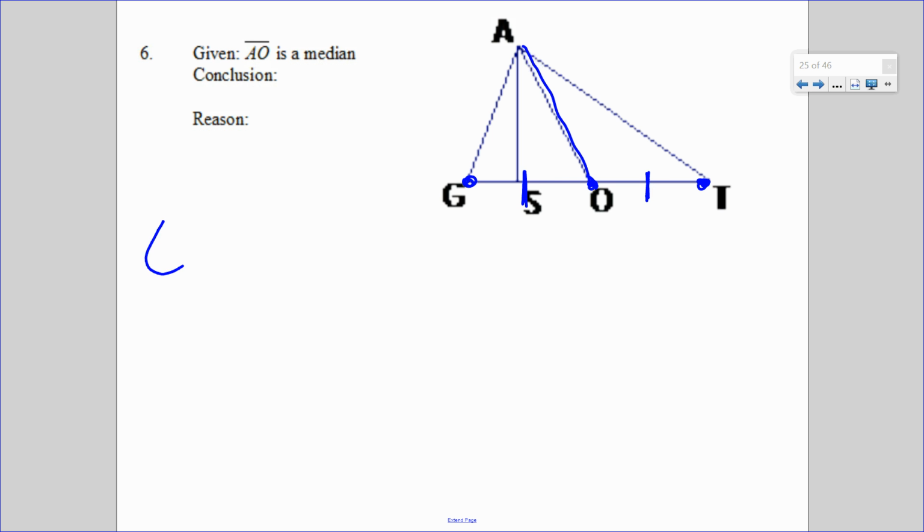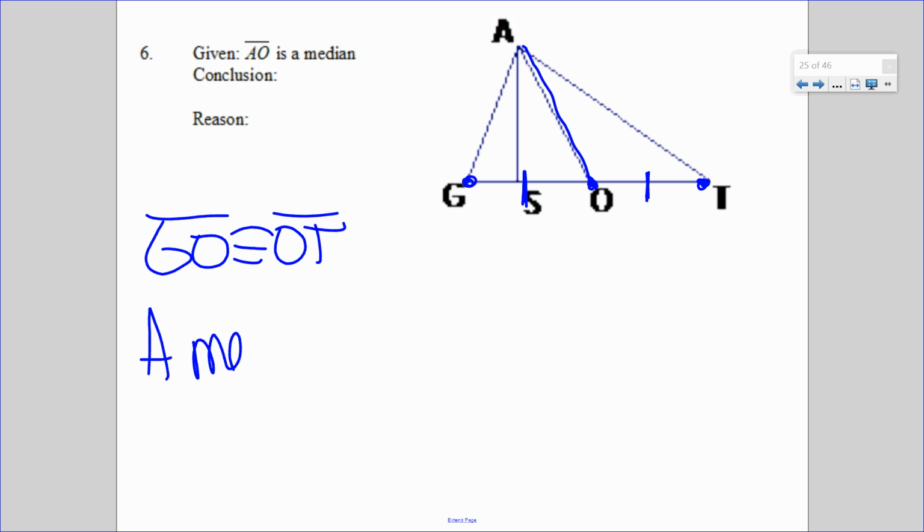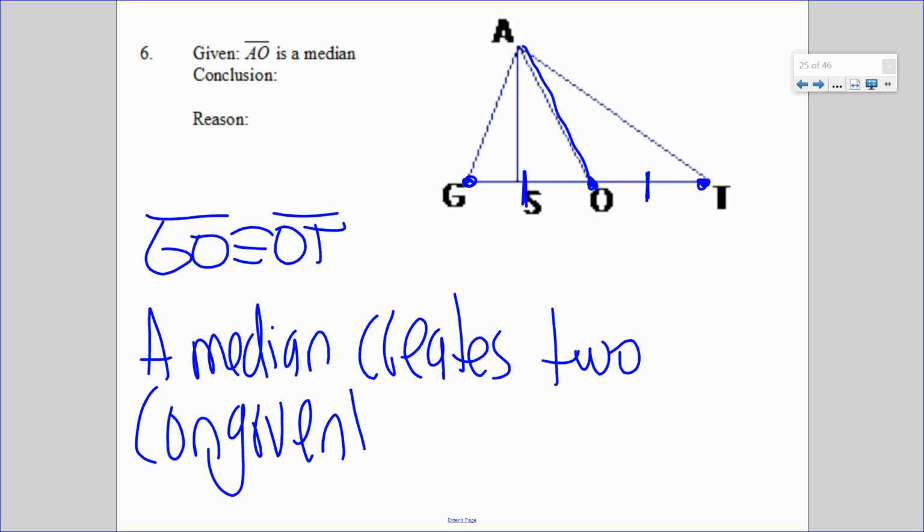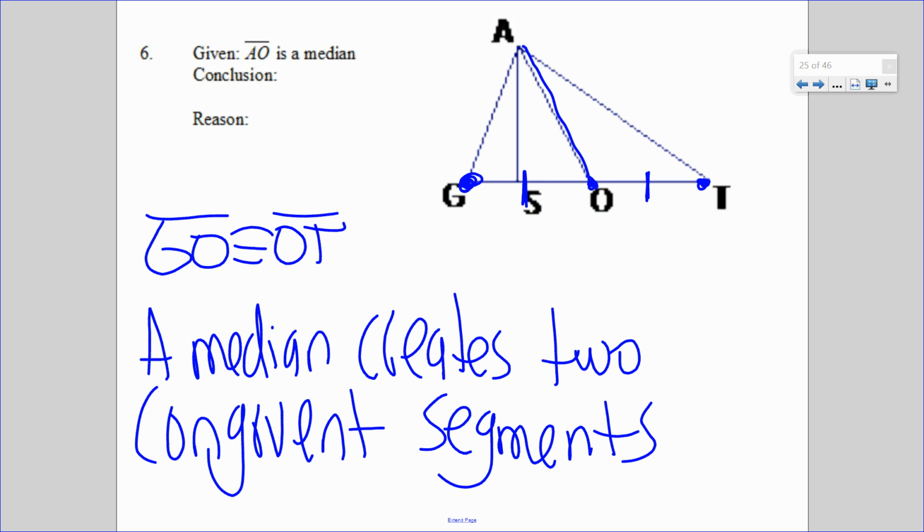My conclusion is GO is congruent to OT, and the reason, a median creates two congruent segments. So your two congruent segments are always going to be endpoint to midpoint, midpoint to endpoint. Any points in the middle are irrelevant.